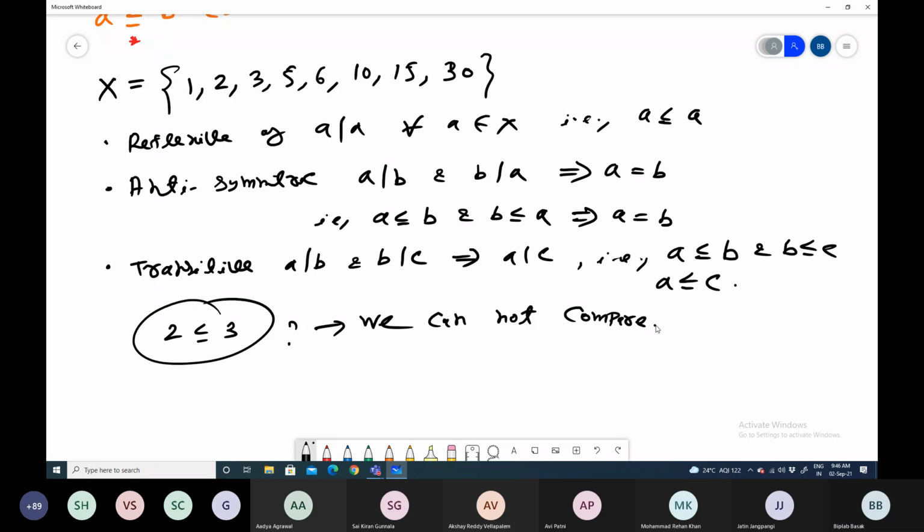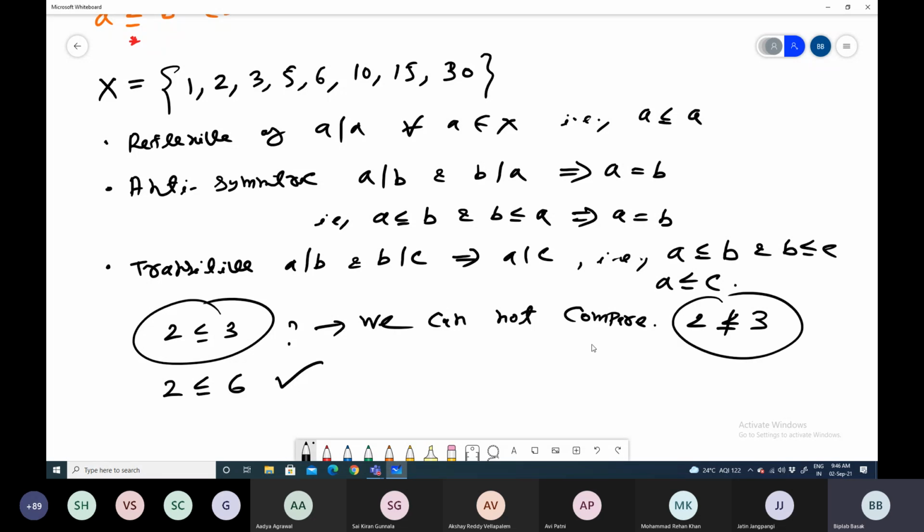We know that 2 is less than or equal to 6. What do you mean when you say we cannot compare? It means 2 is not related to 3 and 3 is not related to 2.